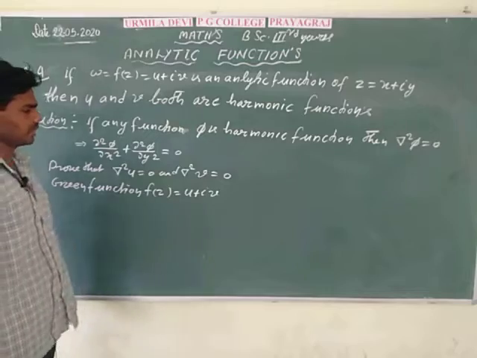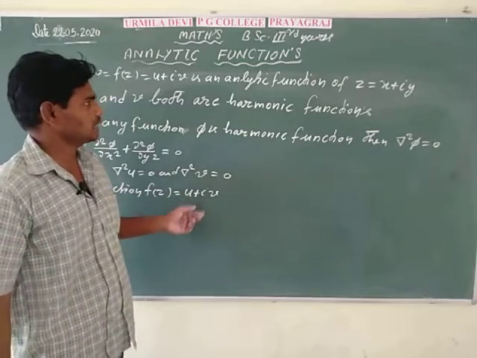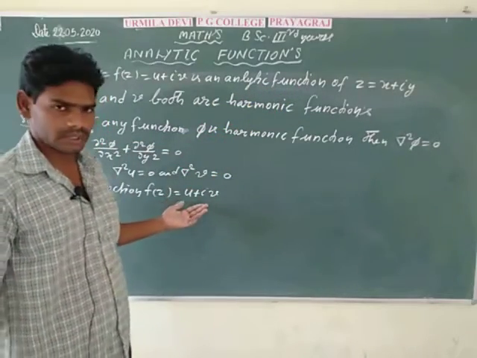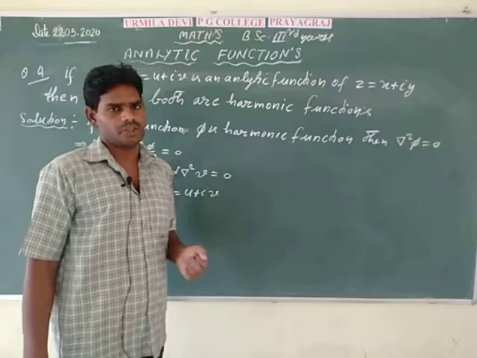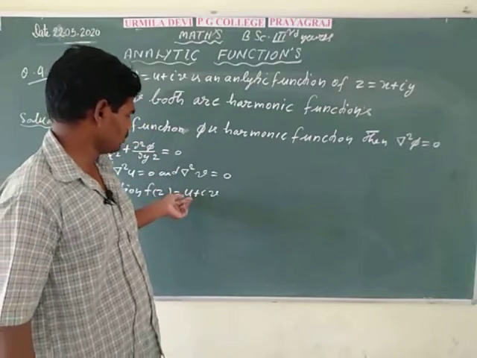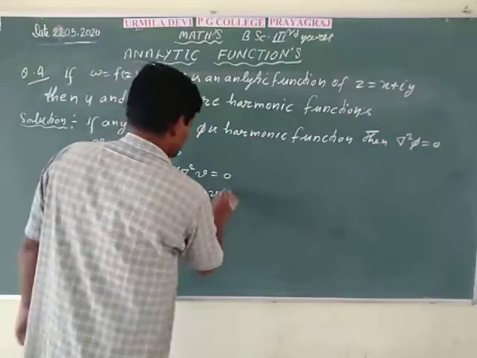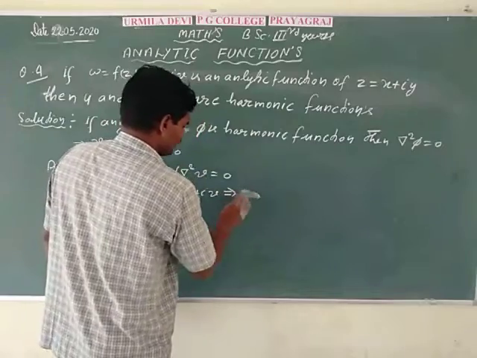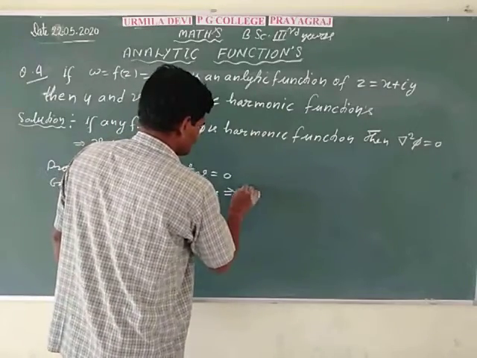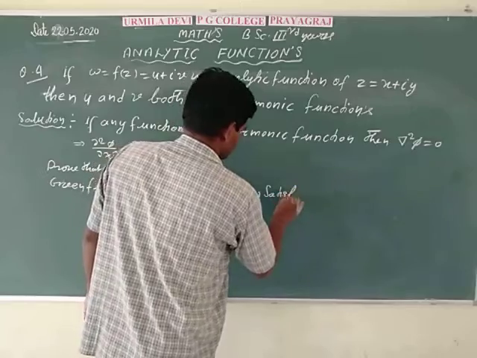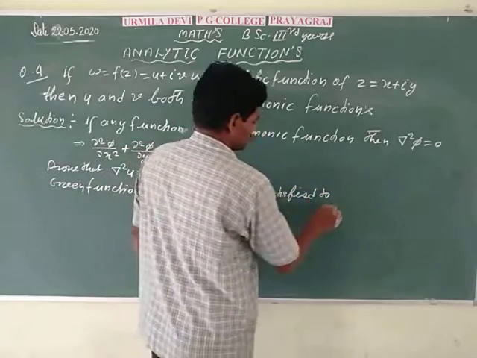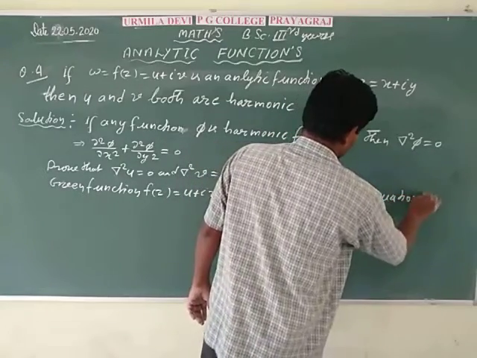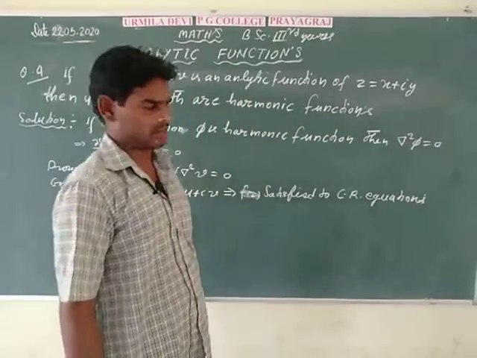According to the question, function f(z) is equal to u plus iv is an analytic function. Therefore, this function must satisfy the CR equations for u and v. It implies that f(z) satisfies the CR equations because function f(z) is an analytic function.